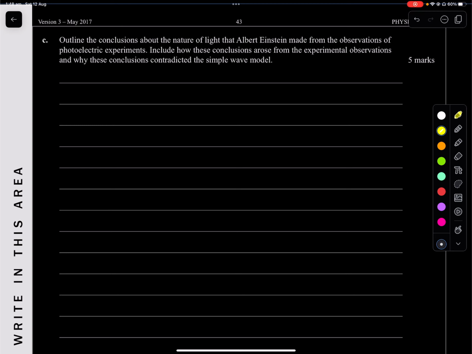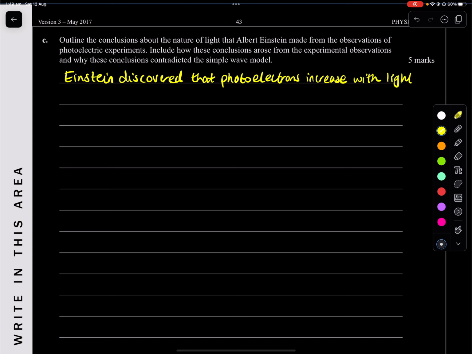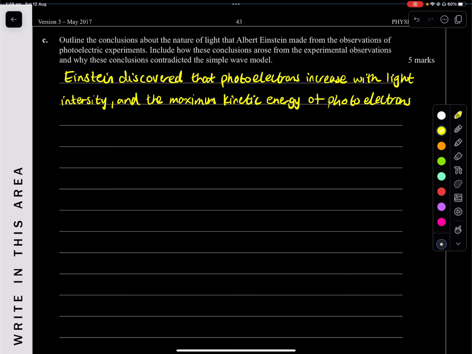Looking at the summary sheet, we can see that Einstein discovered that the number of photoelectrons increases with light intensity, and the maximum kinetic energy of photoelectrons is determined by the light frequency.